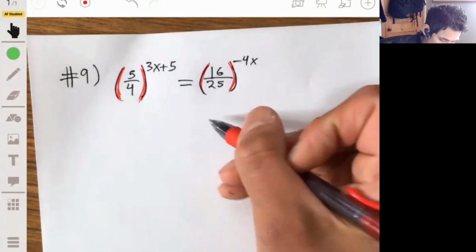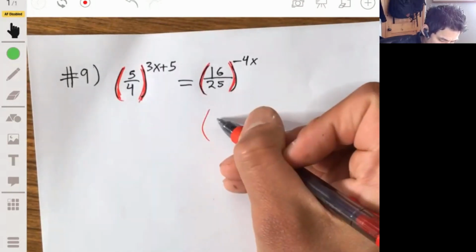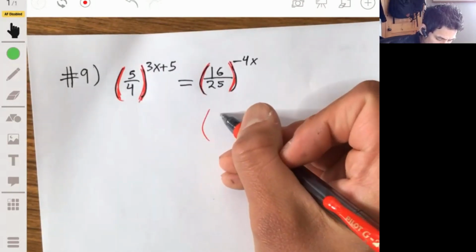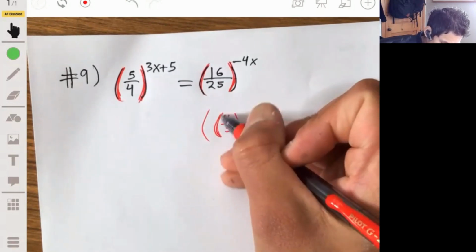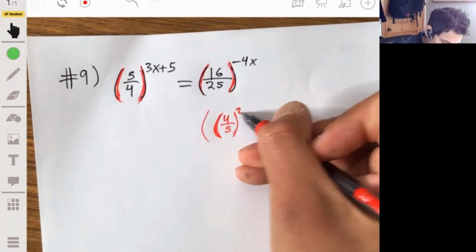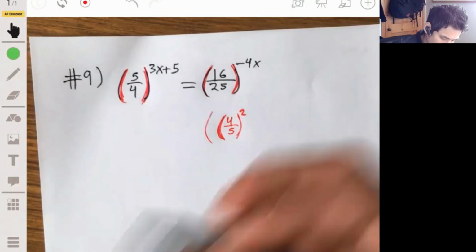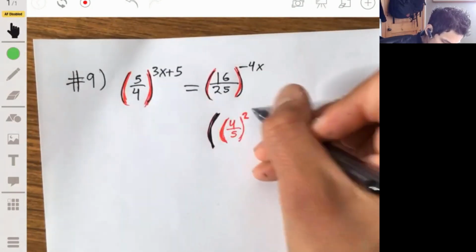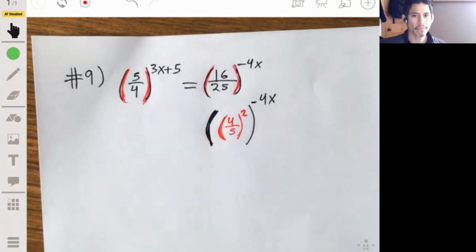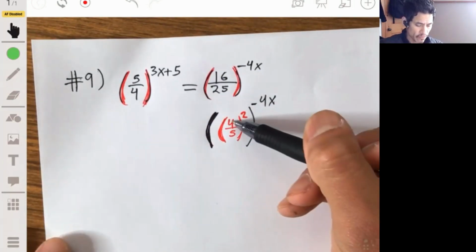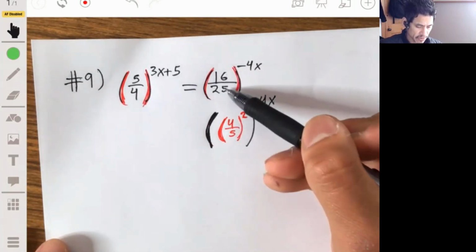So we can rewrite 16/25 as 4/5 squared, because 4/5 times 4/5 is 16/25.